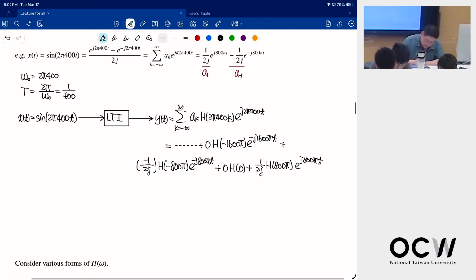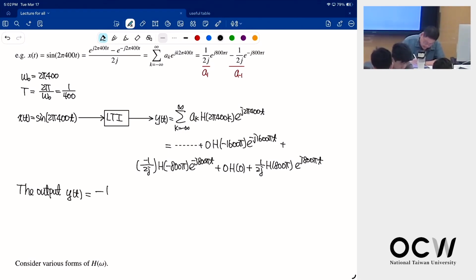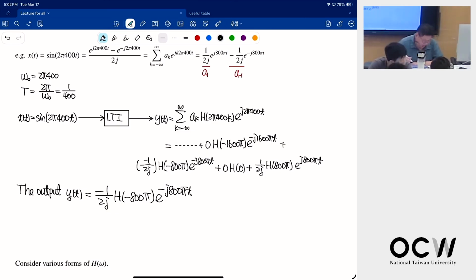The output is minus 1 over 2j H of minus 800 pi e to the minus j 800 pi t, and then A1 H of 800 pi e to the j 800 pi t.